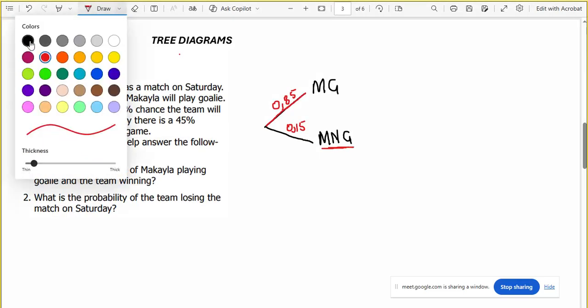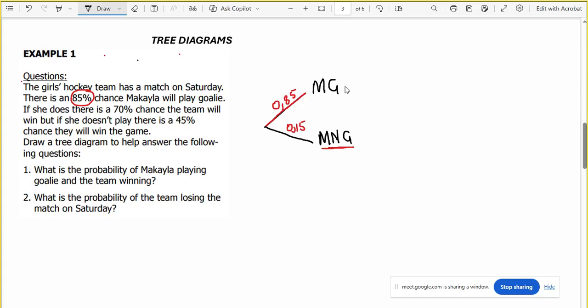Yes, sir. 100%. Then the next part, it's either the team wins or they lose if Michaela is playing goalie. Still, if Michaela is not playing goalie, there's still a probability of winning and there's still a probability of losing. But now they say that if she does play goalie, there's 70% chance the team will win.